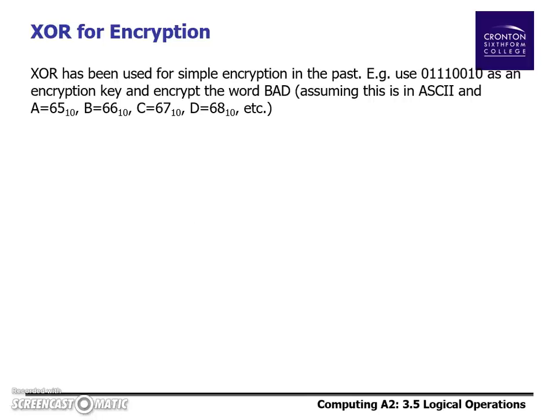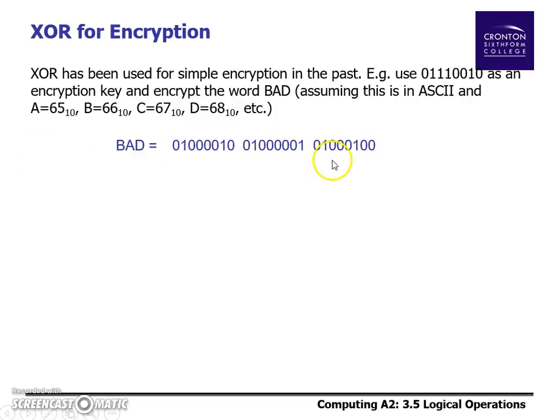So XOR has been used for simple encryption in the past. For example, we've got here an encryption key, and we're going to encrypt the word BAD. So assuming that this is using the ASCII character set, so B equals 66, C equals 67, D equals 68, A equals 65, and so on.